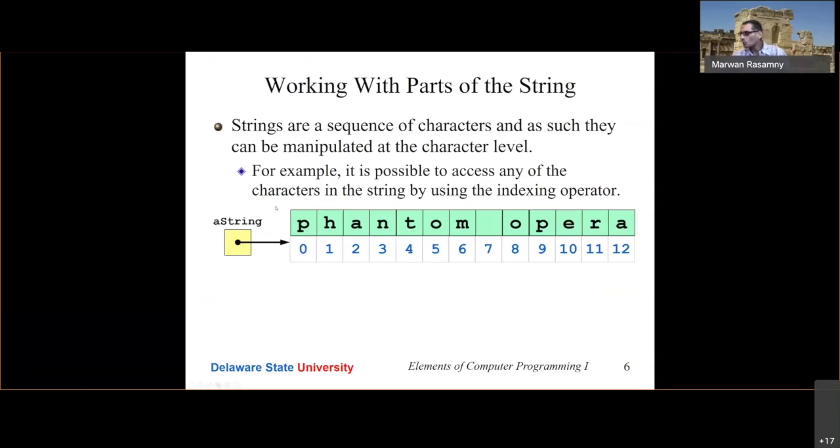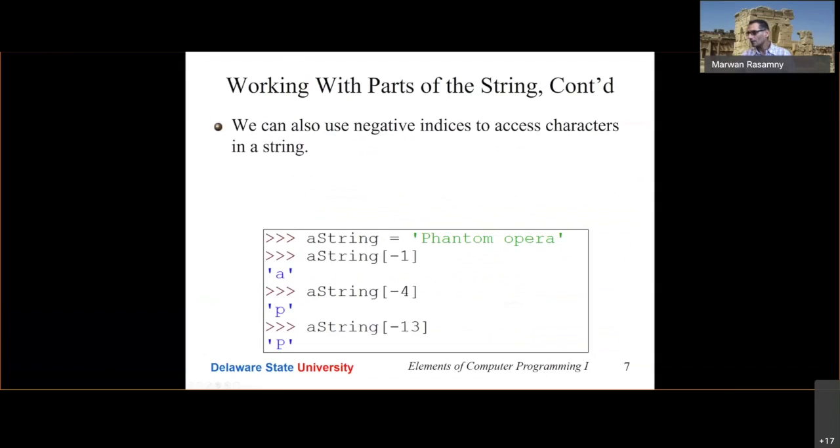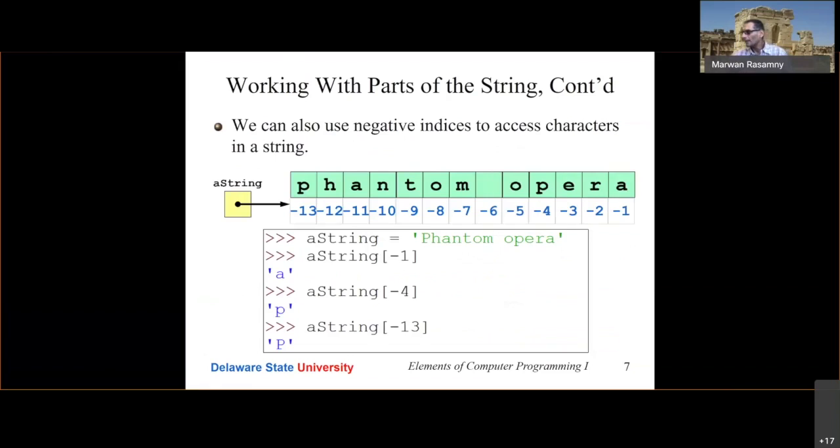So going to -1, you end up at A, which is why you can use negative indexing. By using negative indexing, -1 starts you at the end of the string, all the way to -13, which puts you at the beginning of the string. Everybody see that?